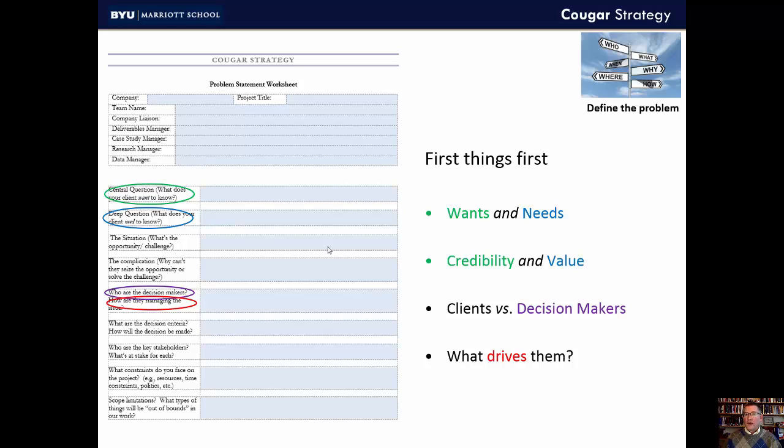Or is it a trial and error process where they really know there's a problem, but they don't have any idea what to do, so they're throwing spaghetti against the wall and seeing what might stick? There are several ways. Or are they systematically dealing with the problem? Have they really brought you in because they know they need help? So understanding what drives your client, how they're managing the problem, will help you establish some ground rules for a successful project.